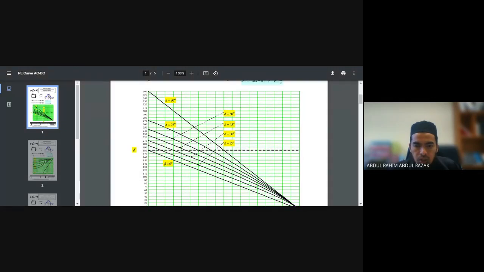Load angle of 0, 15, 30, 45, and the maximum load angle that can be obtained is 90 degree, from 0 to 90 degree. This is the highest inductance element. When the resistor dominates, the load angle will be 0.